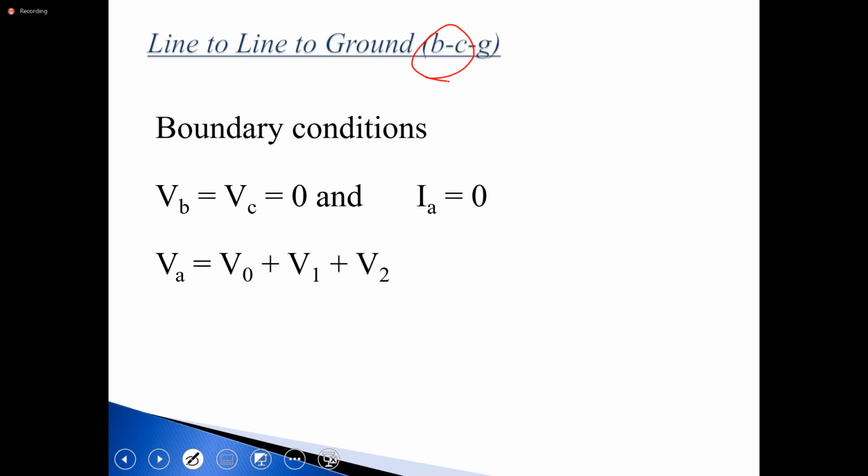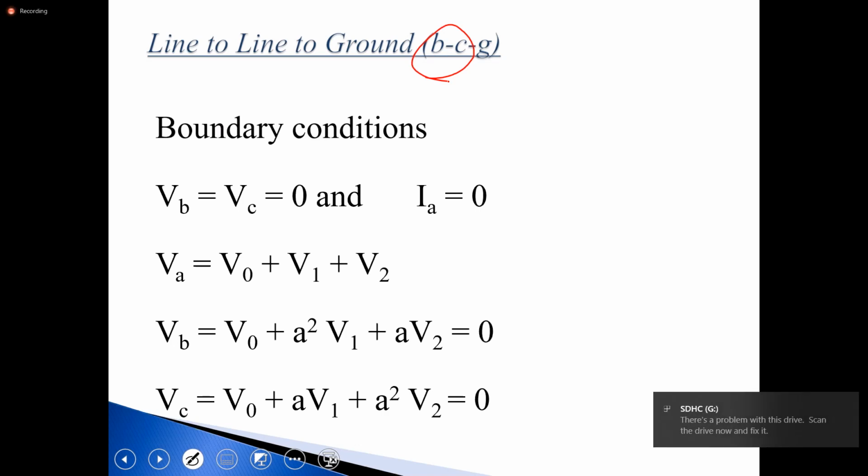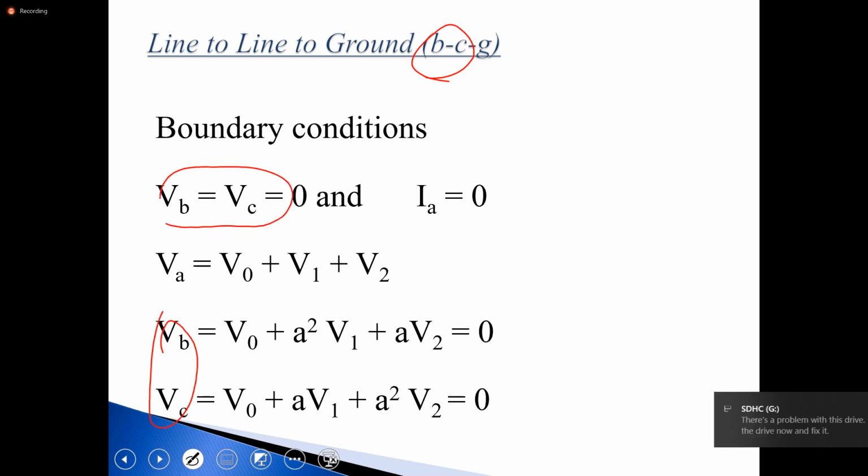So VA is equal to V0, V1, V2, and we have the expressions of VB and VC. Once again, we know about VB and VC based on our boundary conditions. So if those two are equal, which are equal to 0, yes, then we can equate these two.